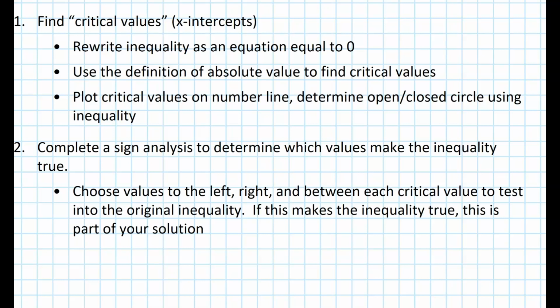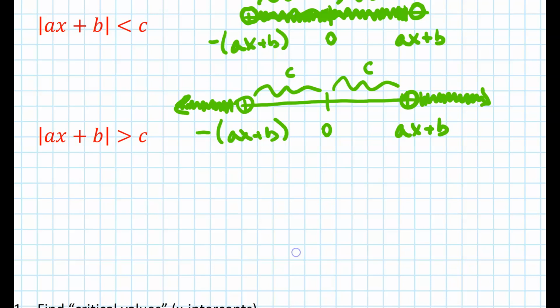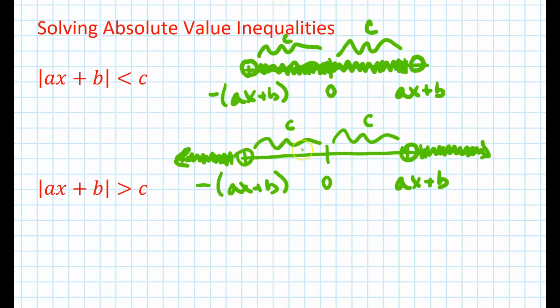Okay. So in the first method, we get rid of the inequality sign and turn it into an equal sign, which means we just have an absolute value equation, which we just learned how to solve. So we've already done those. But because the values that we are interested in are not the ones that we are solving for, like these would be the zeros, we're not going to test those points in particular because those points are on the border.